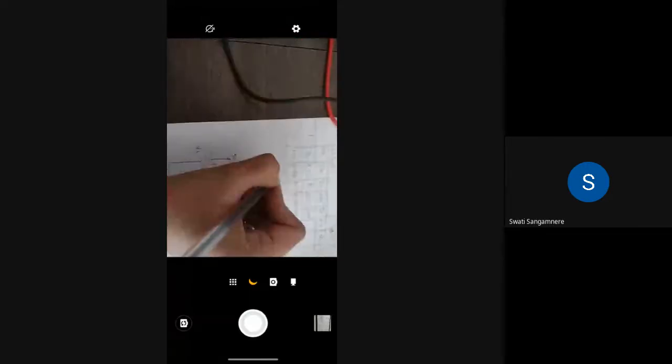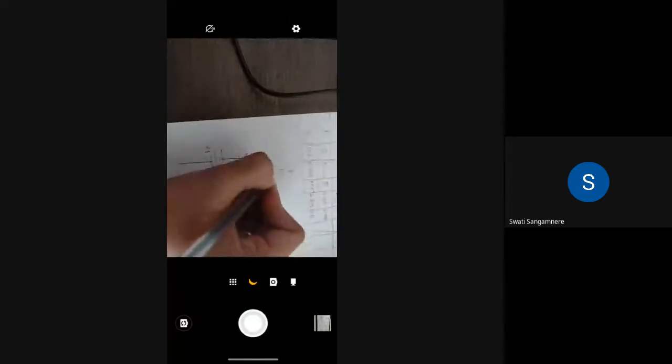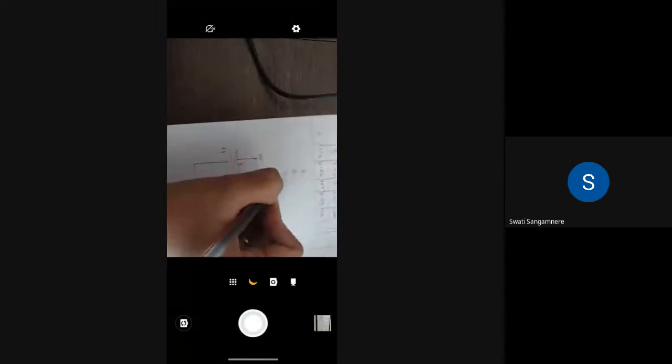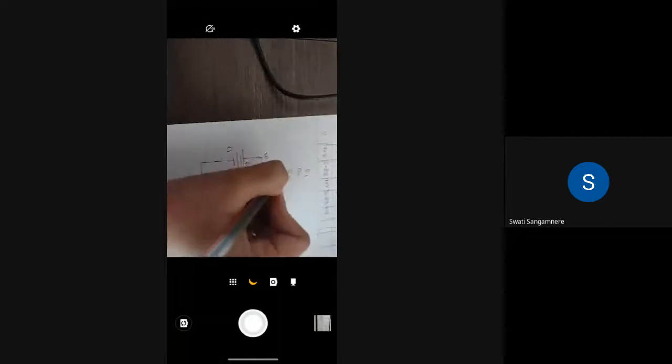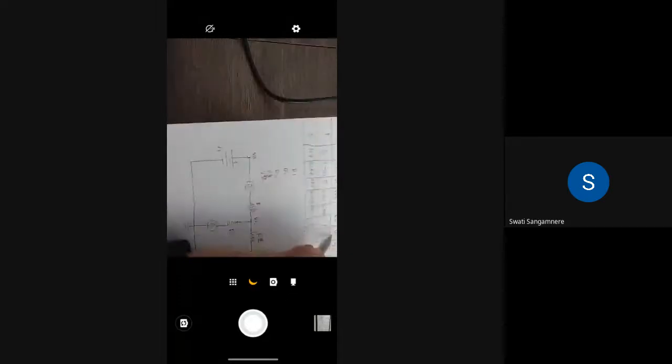Then the calculated part. Okay. So you can take the values of resistance R1, R2 and R3, then VA, VB, that is voltage source first and voltage source second, and calculate the values of VA, VB, VC, VRC and IC.